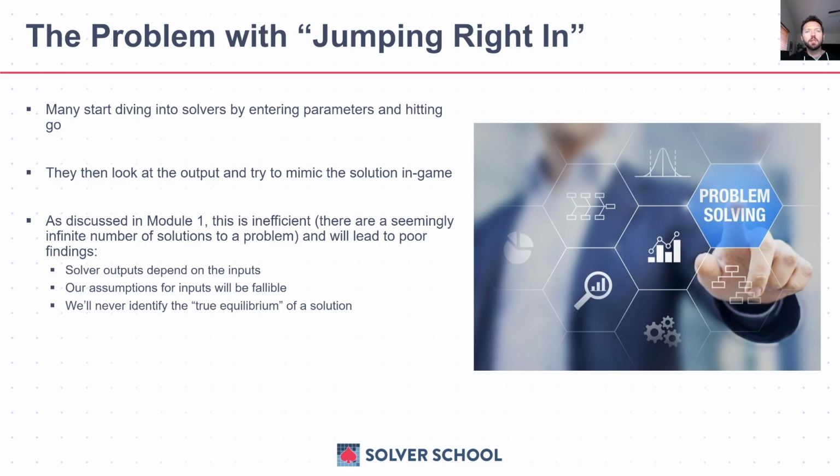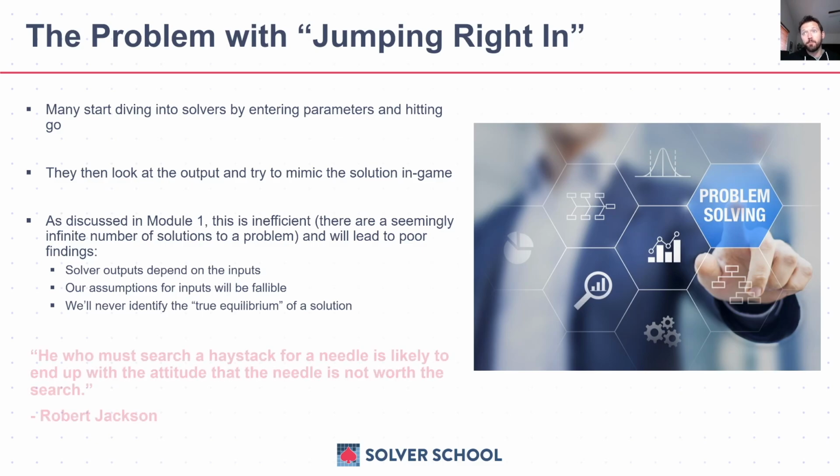So we're never going to ultimately identify that true equilibrium of the solution. If we spend our time trying to copy a solver solution, we're just copying the answers to a different test. We're copying the wrong answers to a test. And that's not going to be fruitful for your development as a poker player.